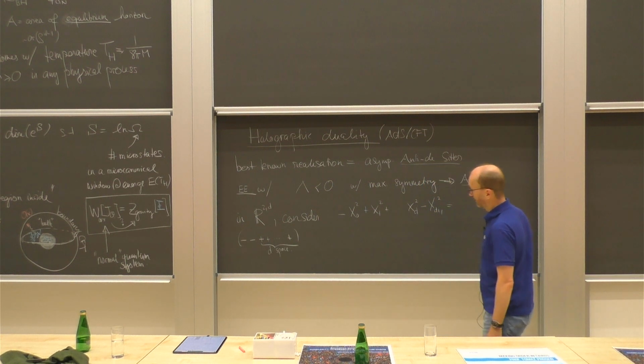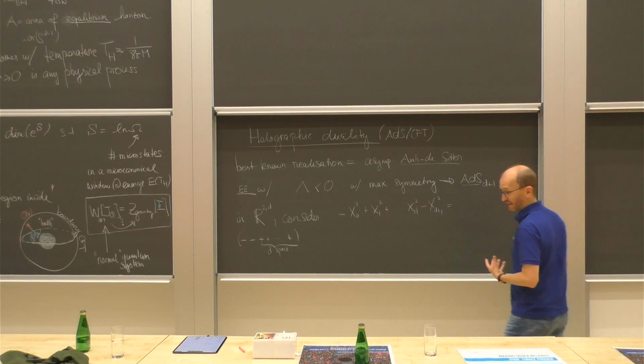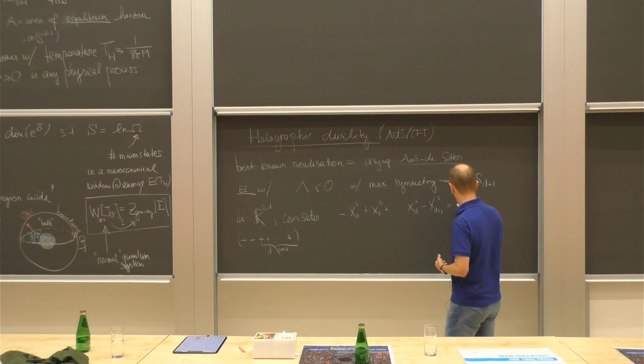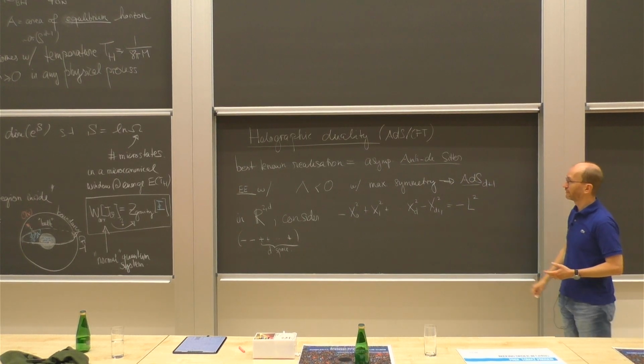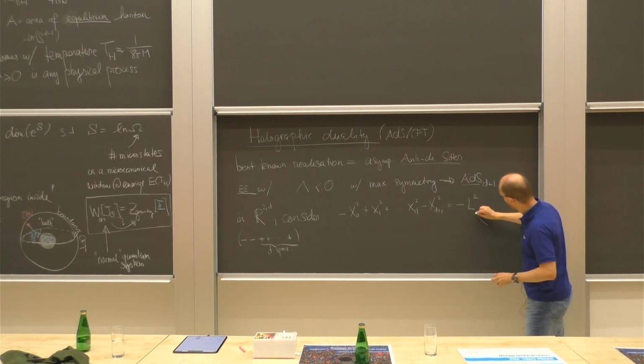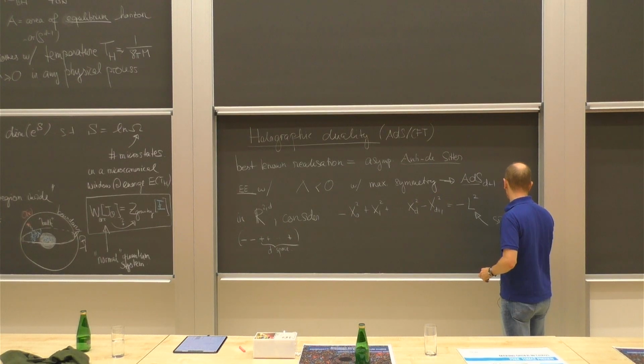And I consider an embedding given by a hyperboloid whose size is controlled by a parameter that I call L. So this also controls the size of ADS.